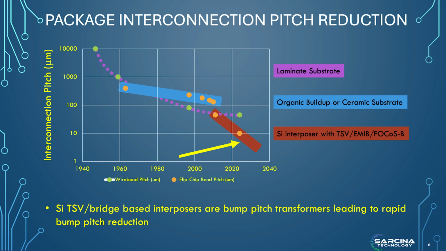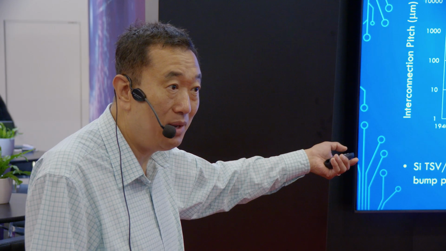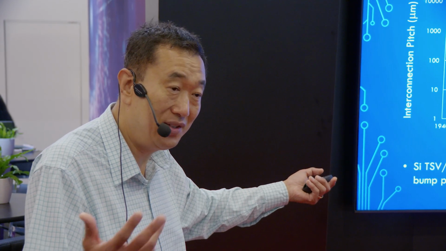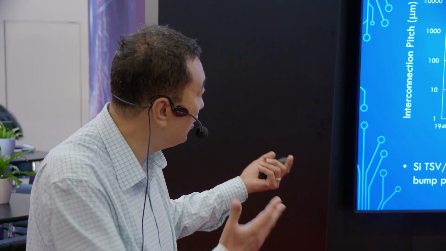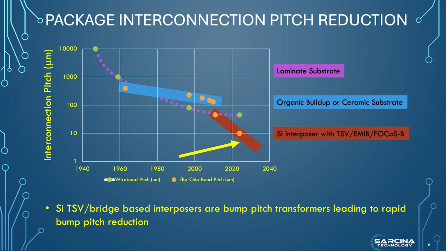But at 2010, one company was not happy about this. That is Xilinx. They found out that this packaging technology is not enough. So they worked with TSMC to come up with the silicon interposer technology.